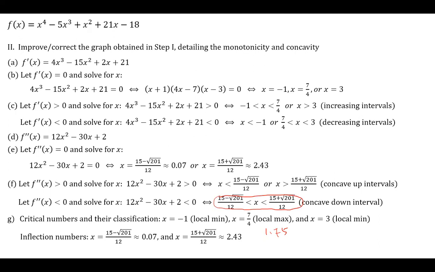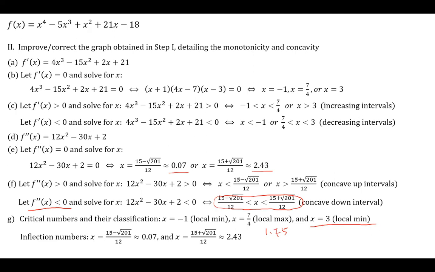This interval is from 0.07 to 2.43, so 1.75 is on this interval. That means when x equals 7 over 4, the second derivative is less than 0. So this point is a local maximum point.